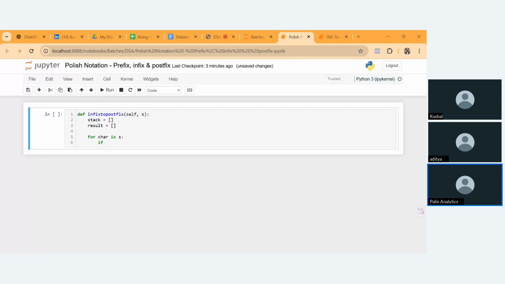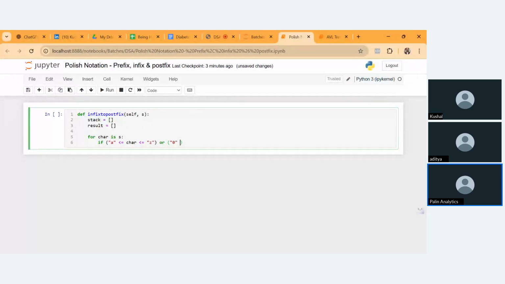If a is less than or equal to char and less than or equal to z. Okay, I'm just taking the small letters only. Then later on we can take it further.